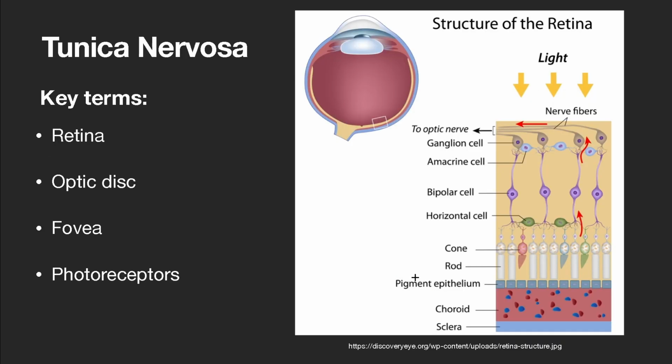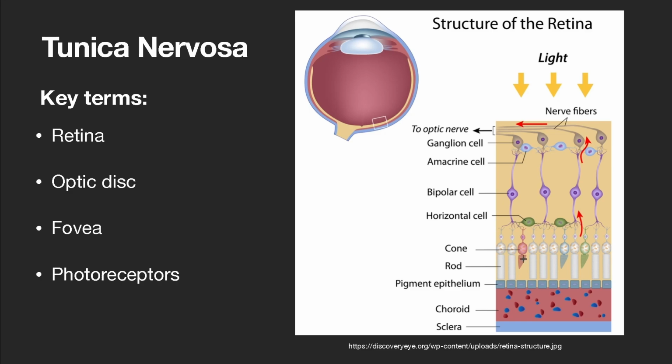Lastly, you may be wondering, well, why do I need cones and rods? That is because cones are much less sensitive to light itself, meaning you need brighter light in order to generate a membrane potential. Also, cones are sensitive to color. This is because there are three different types of cones due to different pigments present in each of them.